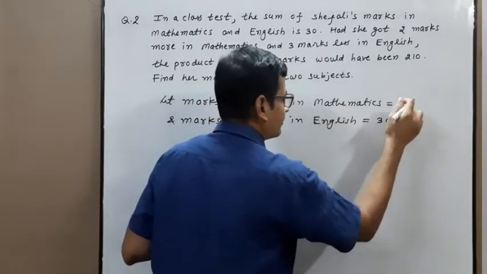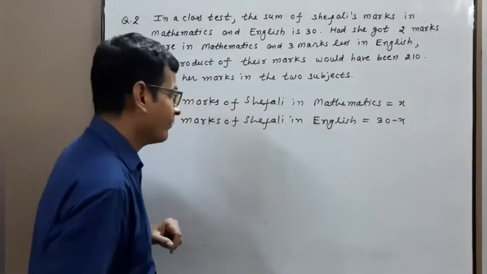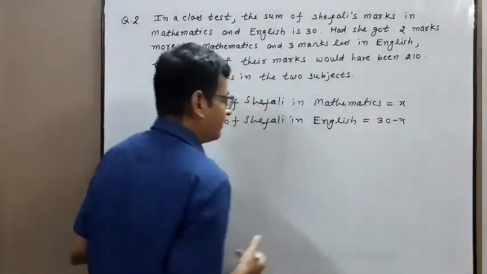So this plus this, x and x cancel, total is 30. So one subject is x, then the other subject is 30 minus x.